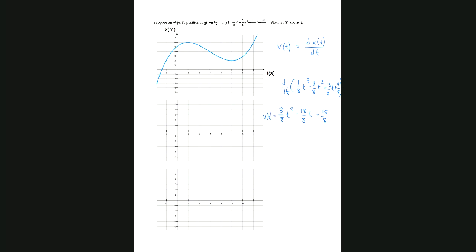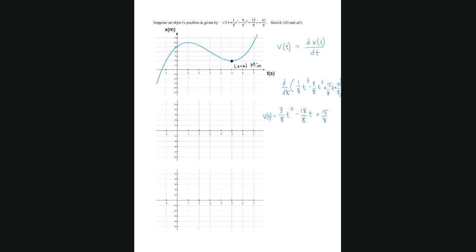All right, next thing I want to do is sketch it. And I can use some facts from the graph that I see in order to help me sketch it. For example, let's just look at some features of the graph. Here, notice there's a local min.